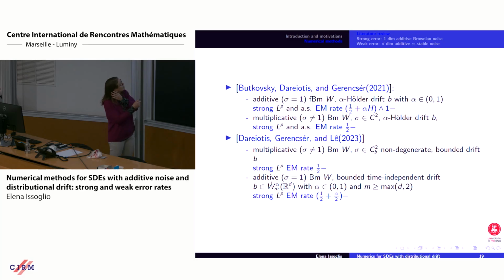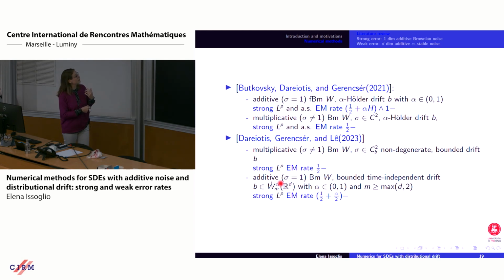Then there are these two works by Oleg, Konstantinos, and Mate, and by Konstantinos, Mate, and Kota, where they looked essentially at alpha-Hölder continuous drifts, both in the case of additive noise and multiplicative noise. In the second paper, it's not alpha-Hölder continuous but W^alpha, so the regularity is measured with the same alpha, but here they are not continuous.